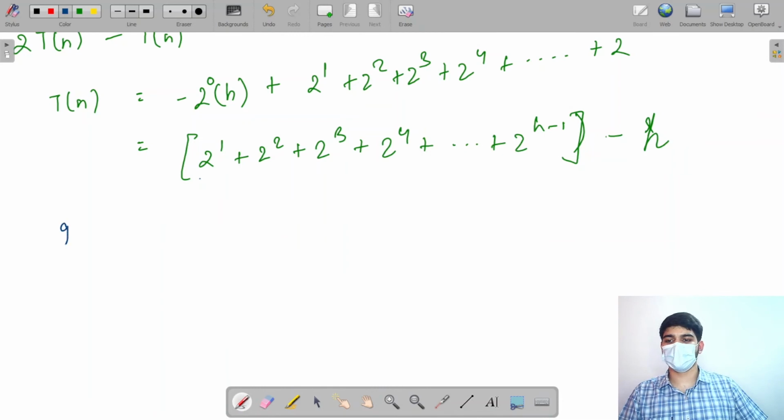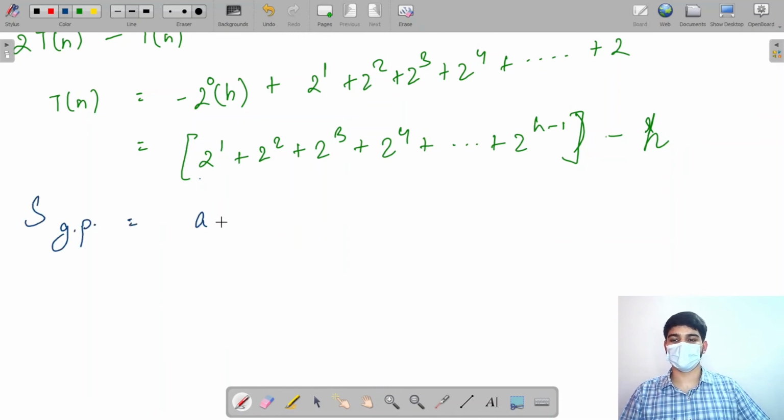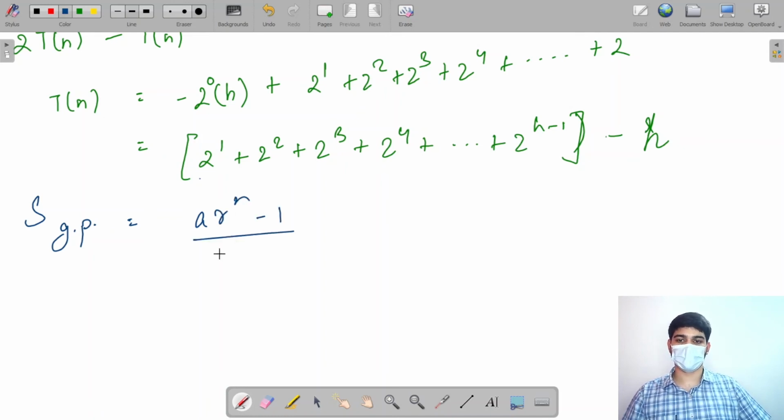So if you remember, sum of GP was nothing but a times r raised to the power n minus 1 upon r minus 1, right? This is my formula, in which a is the term with which I begin, r is the ratio, n is the number of terms, and minus 1 is constant, right?